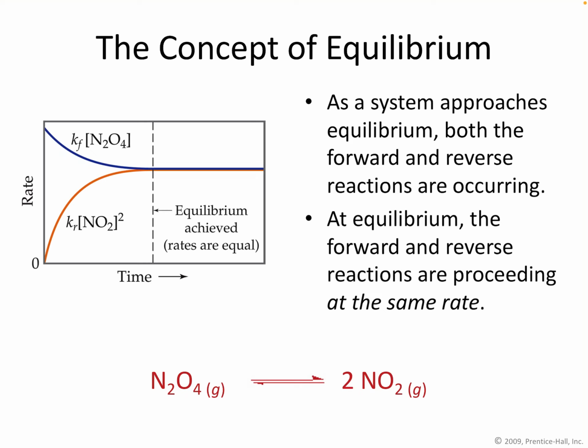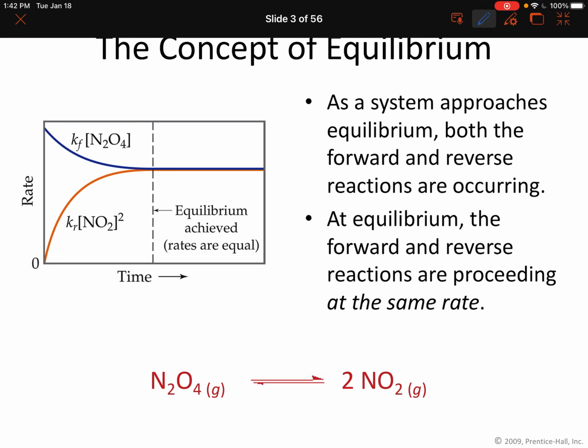So we'll elaborate on what's going on in this graph in just a little bit, but simply put, the y-axis is rate and the x-axis is time, and one of these expressions is the rate law for the forward process, and the other one is the rate law for the reverse process.